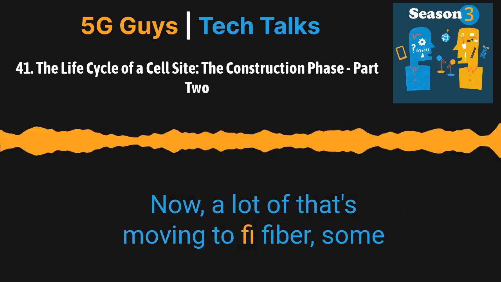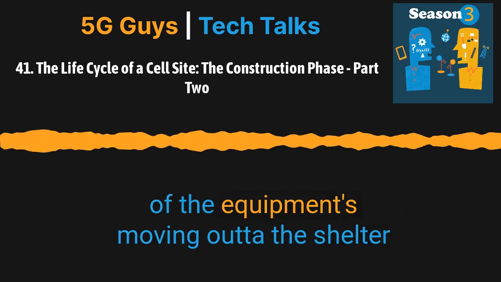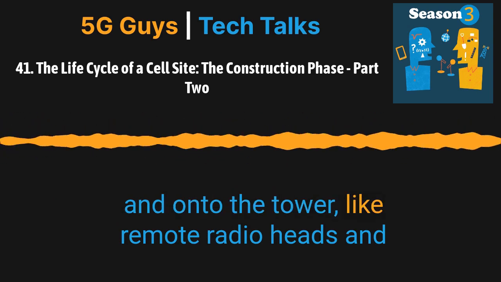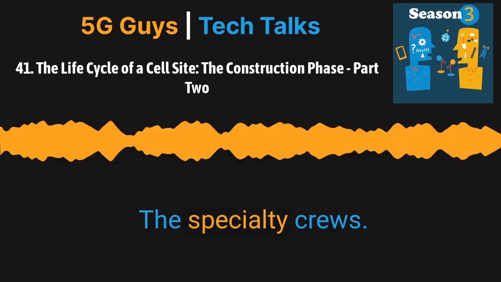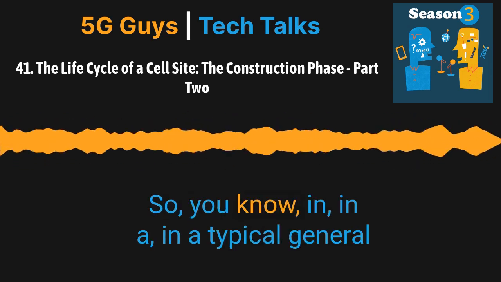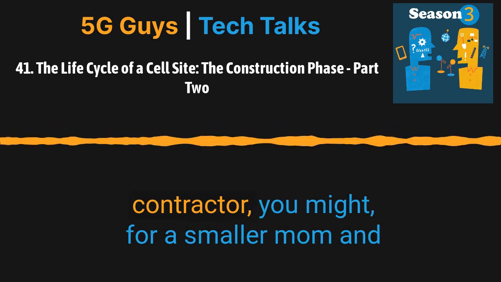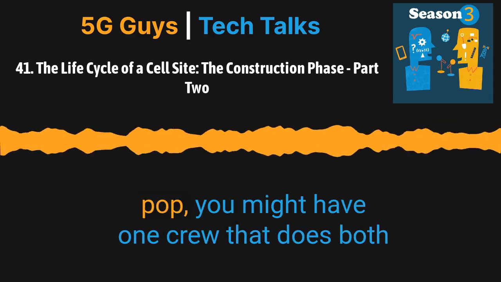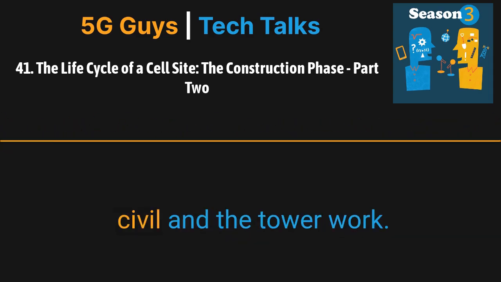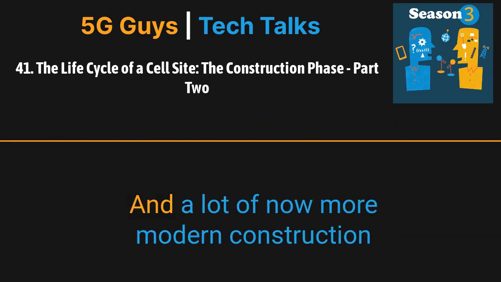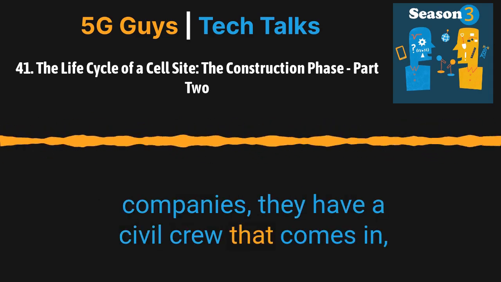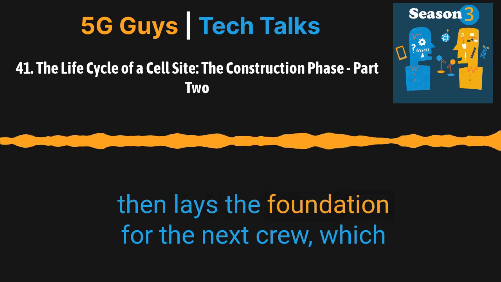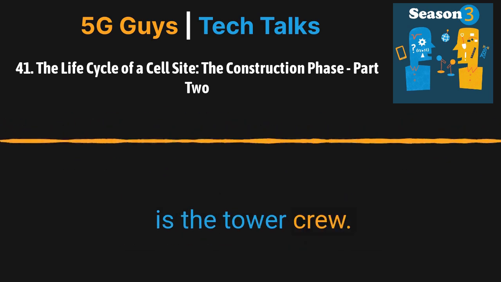Now, a lot of that's moving to fiber. Some of the equipment's moving out of the shelter and onto the tower, like remote radio heads and things like that. But the specialty crews, in a typical general contractor, for a smaller mom and pop, you might have one crew that does both civil and the tower work. And a lot of now more modern construction companies have a civil crew that comes in and lays the foundation for the next crew, which is the tower crew.